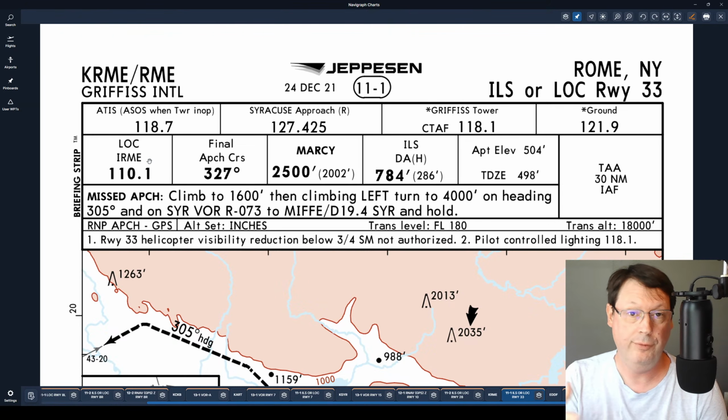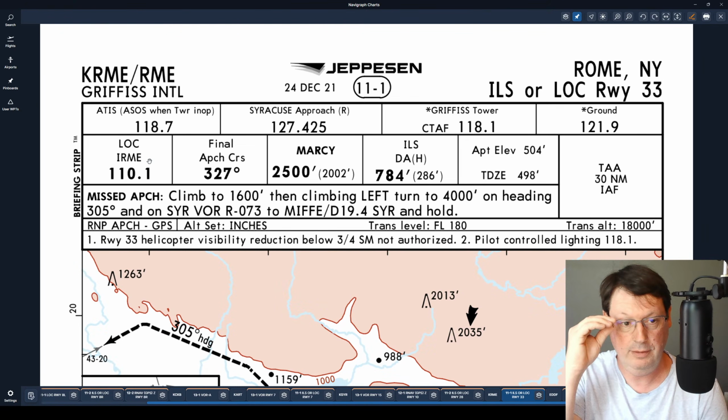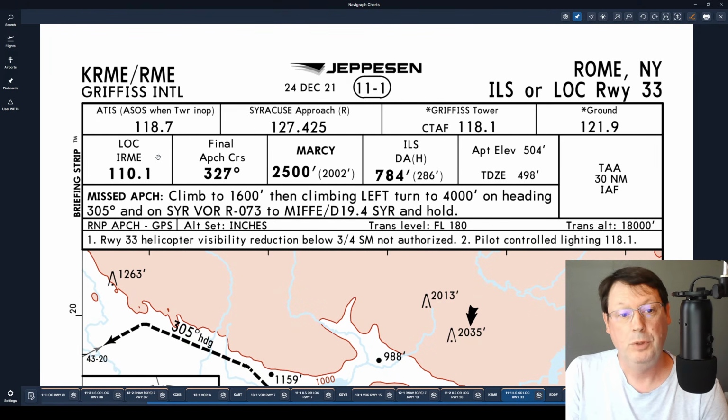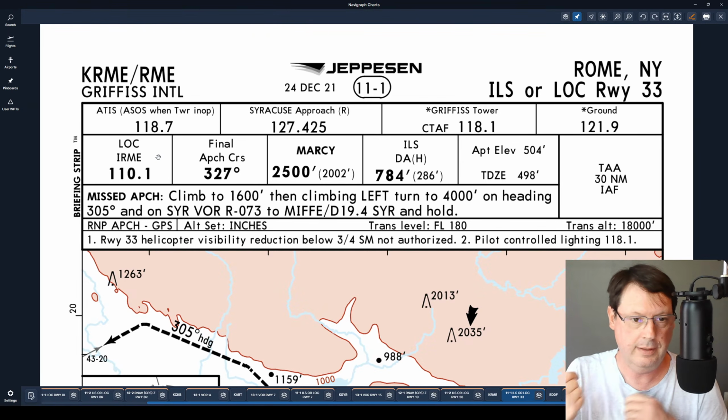Back in the day, before advanced GPS and advanced avionics, you had to tune the frequency and then listen to the frequency broadcast via your radio and listen for the Morse code identifier to make sure that the frequency you're tuned to is actually broadcasting. That's sort of a lost art nowadays because most of the time you don't have to do it.